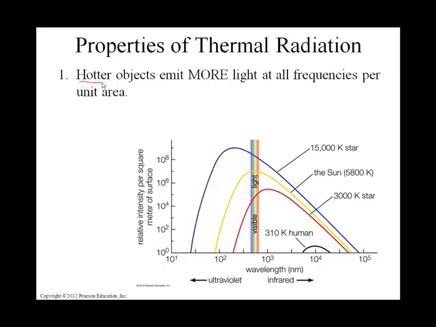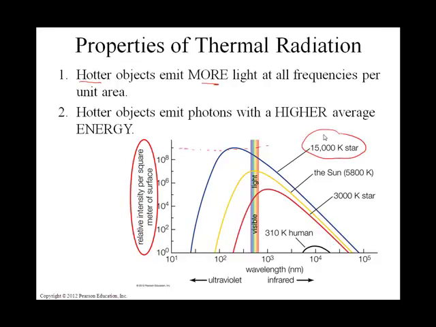For instance, the hotter an object is, the more light at all frequencies it will ooze out. So for instance, of these 4 objects, a hot star, the sun, a cooler star, and humans, can you see that intensity-wise, the hottest star wins out? The other thing is that hotter objects will have a higher average energy.